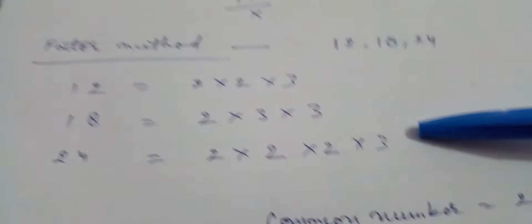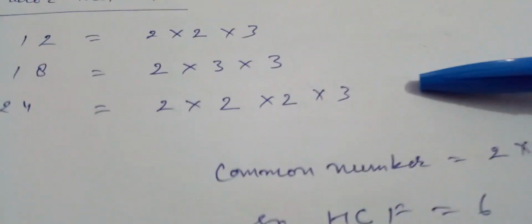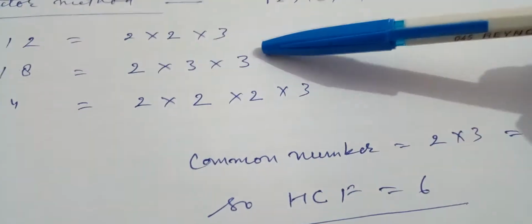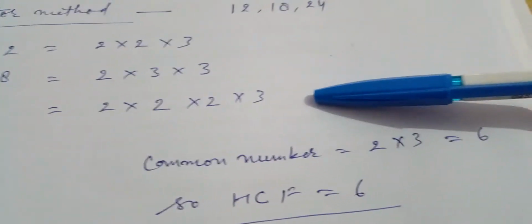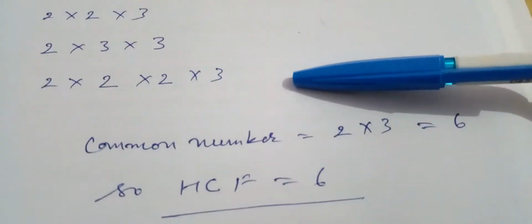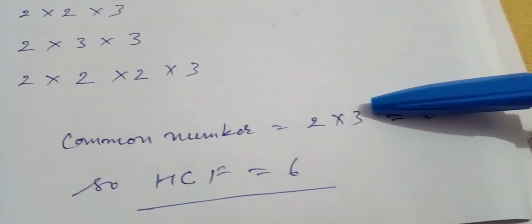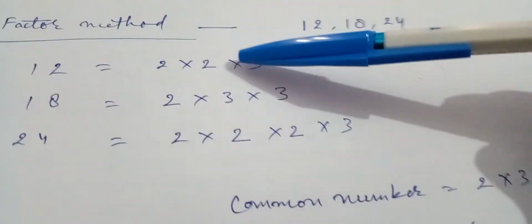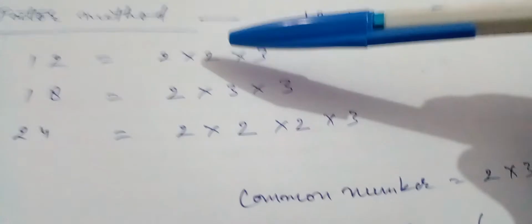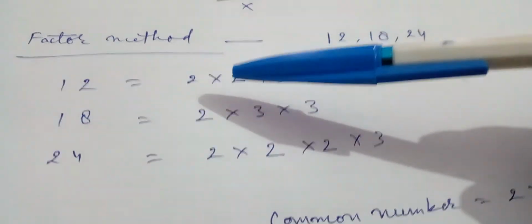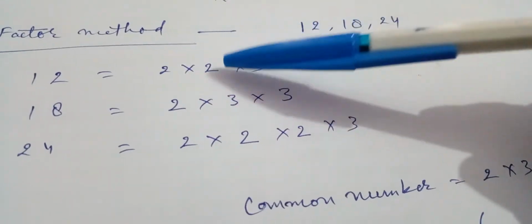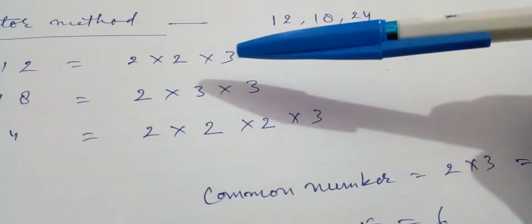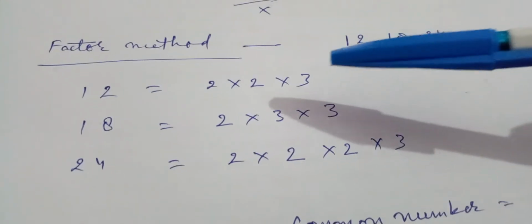Now to find out the HCF of these numbers, we have to choose common numbers from these factors. The common numbers are 2 and 3, because 2 is found in every factor, and 3 is also found in every factor.